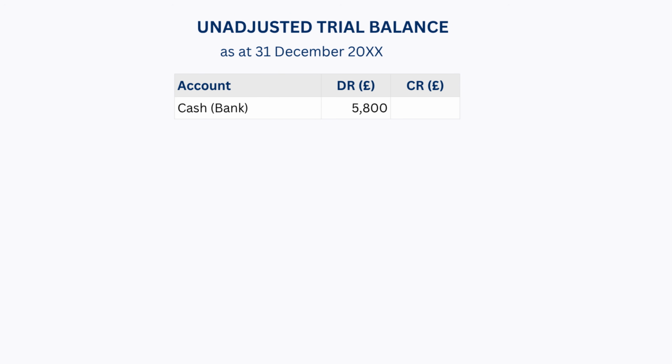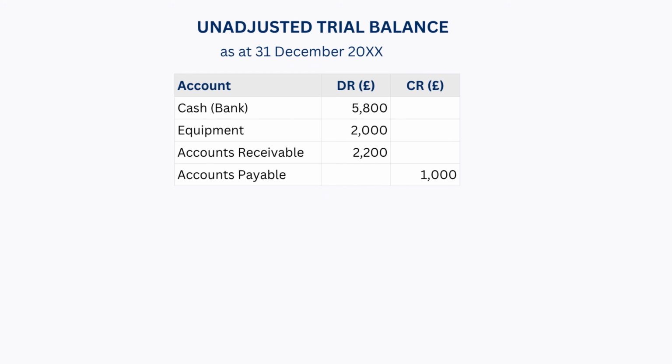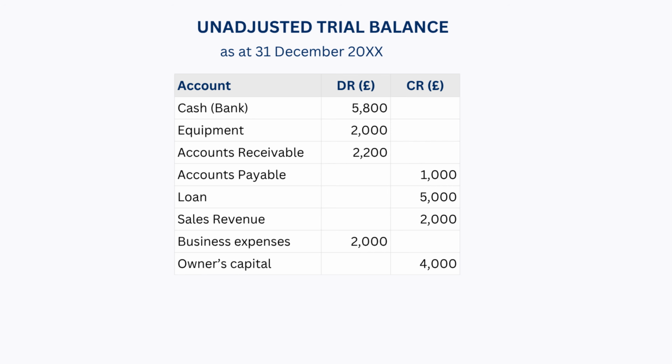Cash is £5,800 debit, equipment £2,000 debit, accounts receivable £2,200 debit, accounts payable £1,000 credit, loan payable £5,000 credit, sales revenue £2,000 credit, business expenses £2,000 debit and owner's capital £4,000. Notice that total debits equal total credits at £12,000. That means the ledger is mathematically balanced.